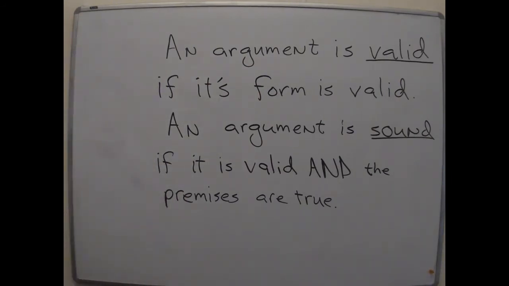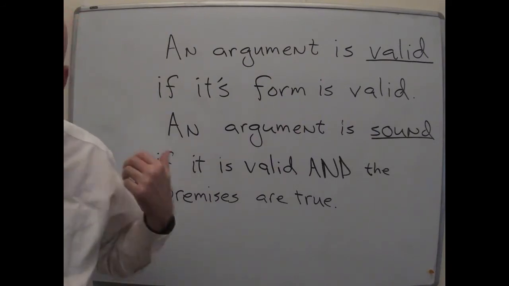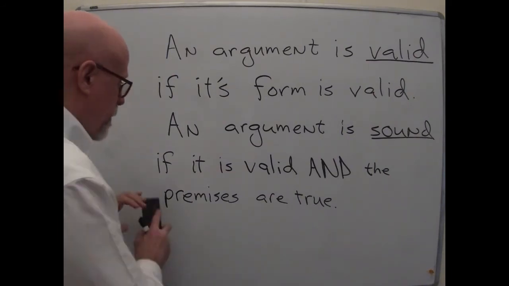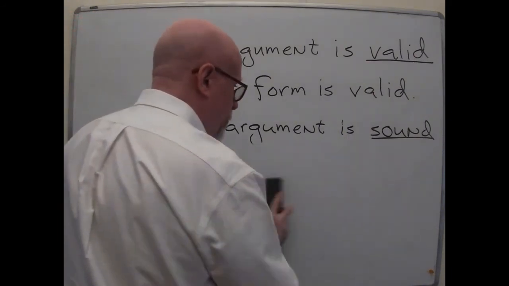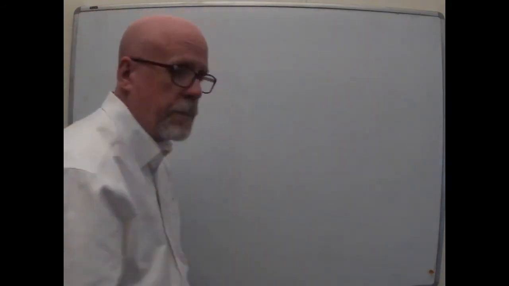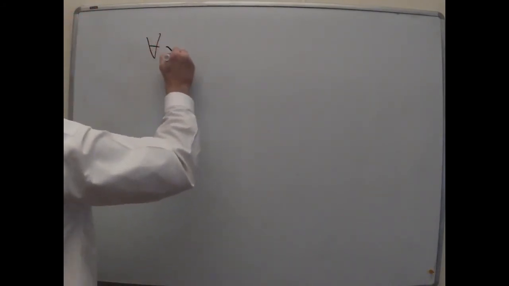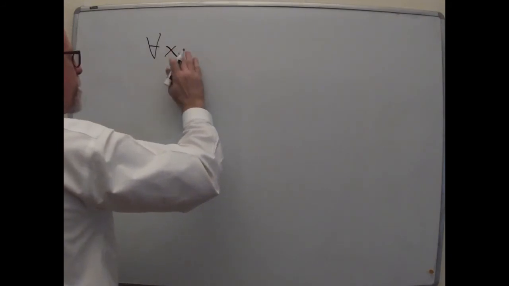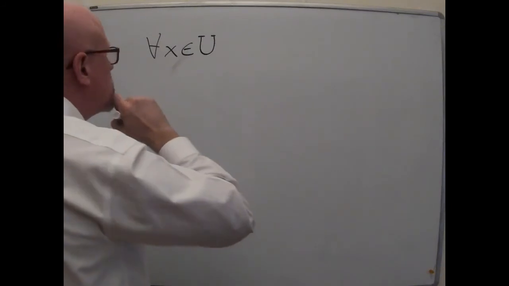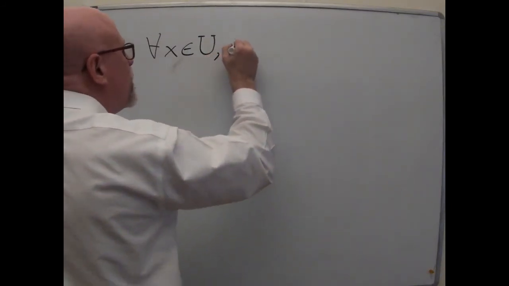Validity versus soundness. We have the same kind of errors that we had when we talked about these things without quantifiers. So we'll have a converse error and an inverse error. They just look the same as they did before, but with the quantifiers thrown in. So if you had for all x, gotta remember to put in the universe, because I'm showing you bad form.